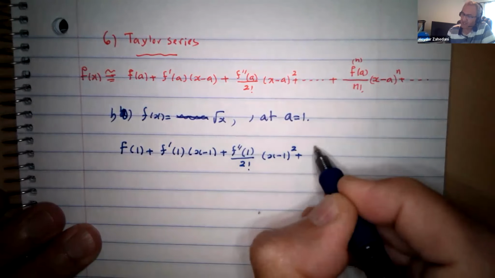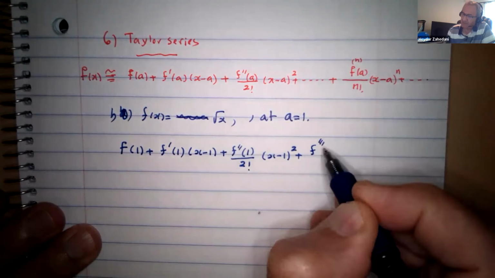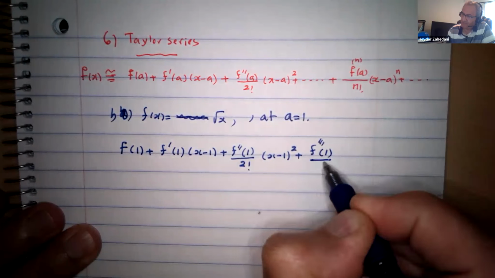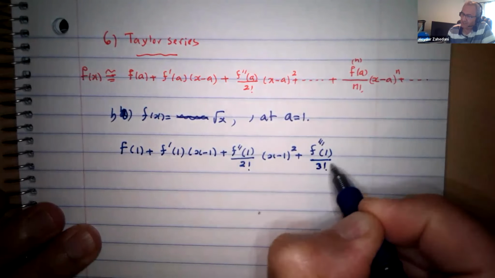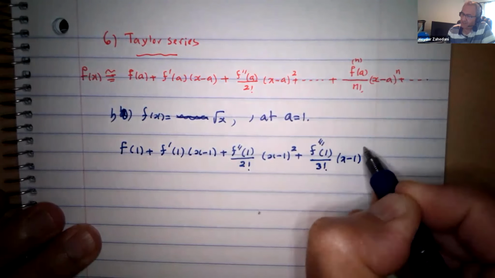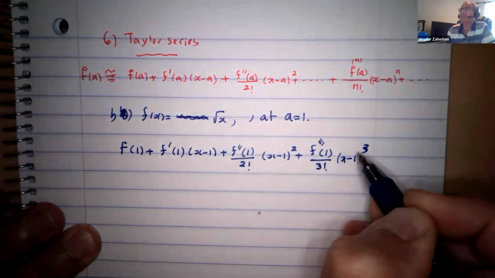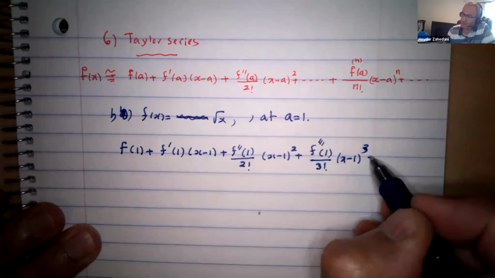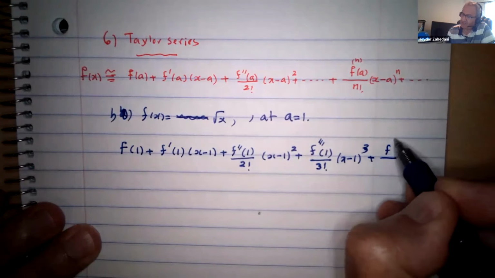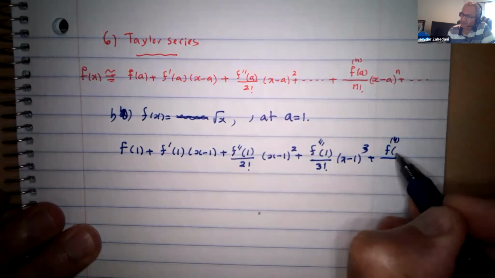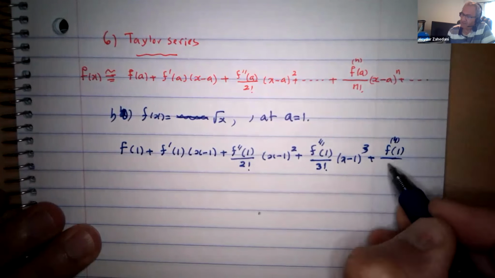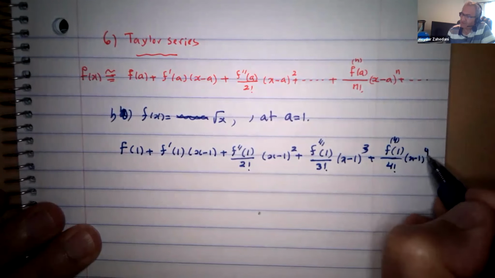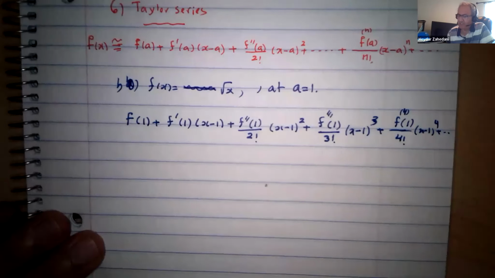The next term is going to be the third derivative at 1 over 3 factorial times x minus 1 to the third. They ask us for up to degree 4. So this is degree 3, you need one more. It's going to be the fourth derivative at 1 divided by 4 factorial, times x minus 1 to the 4th. So you have to write up to the 4th for us.